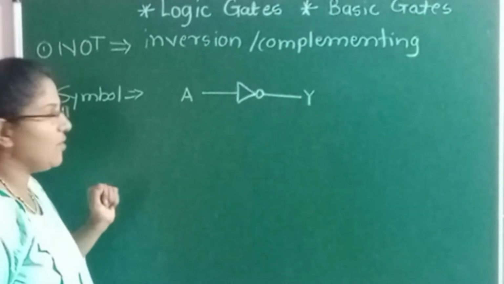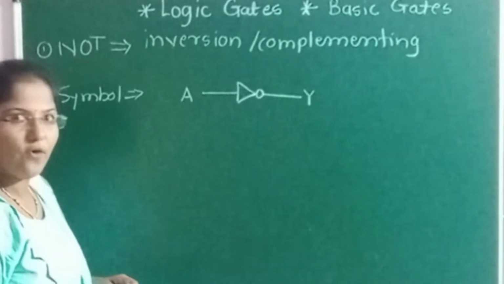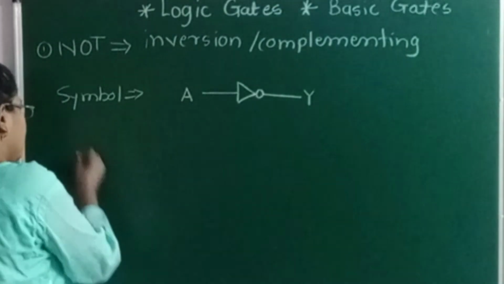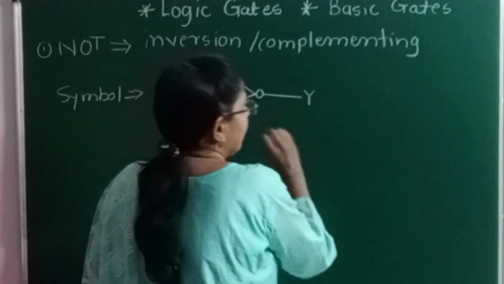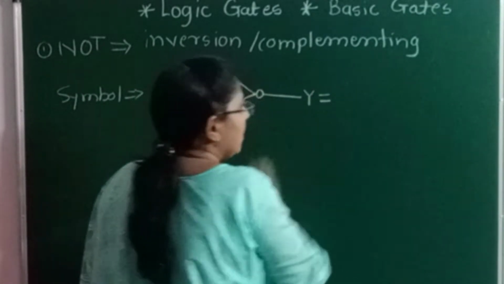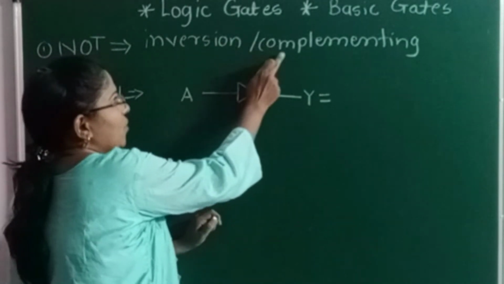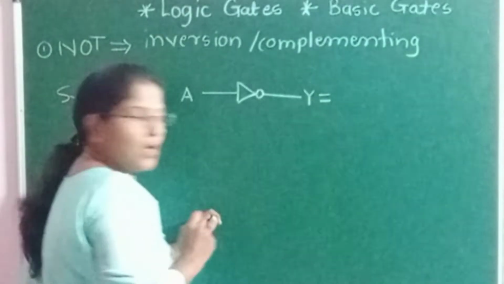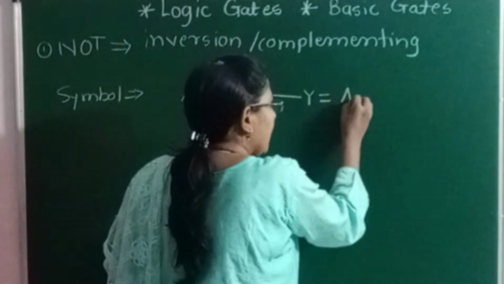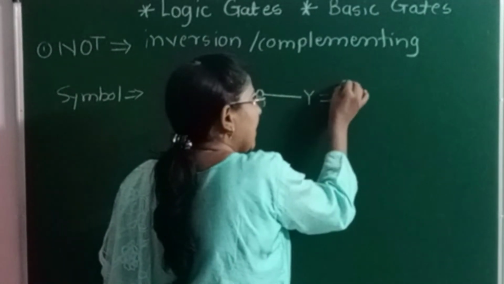Now next we are going to see what is the Boolean expression for the NOT gate. So next here I will write the Boolean expression Y equal to, it is going to invert the input or it is going to complement the input. What does it mean? Input A is there, take its complement.